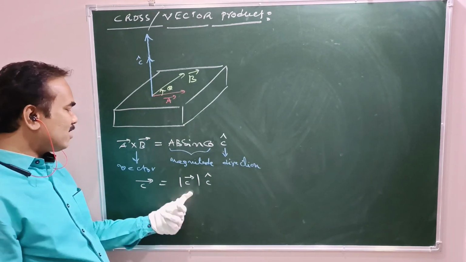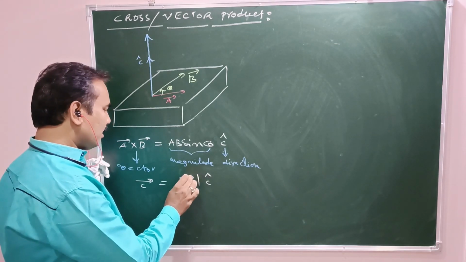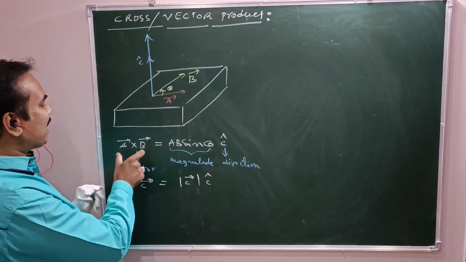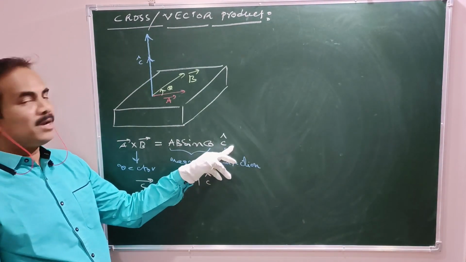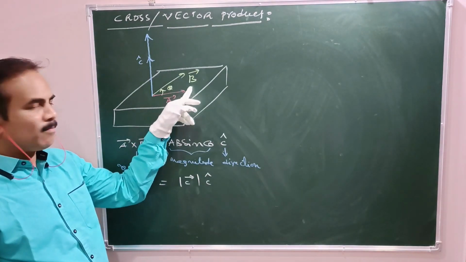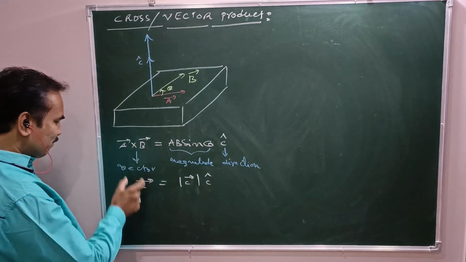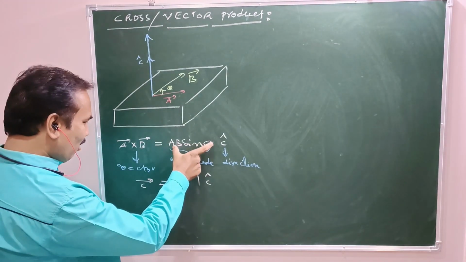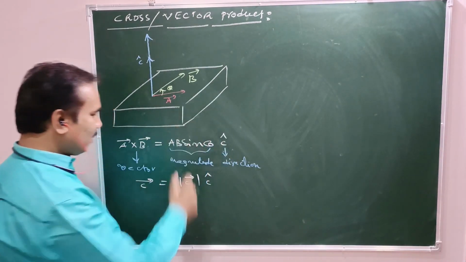Similarly, C bar equals mod C bar into C cap. So A bar cross B bar equals AB sin theta into C cap, where C cap is one unit vector which is normal to A bar, B bar, and the plane of A bar and B bar. So A bar cross B bar equals C bar, that is mod C bar into C cap. Vector equals magnitude multiplied by unit vector.